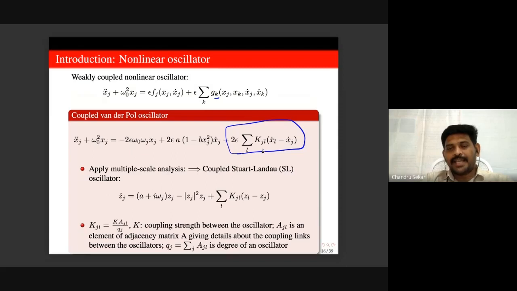Here, k_jl is the coupling parameter. In general, it is defined as K into A_jl divided by q_j.